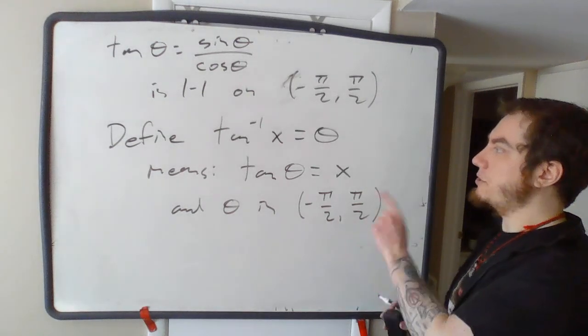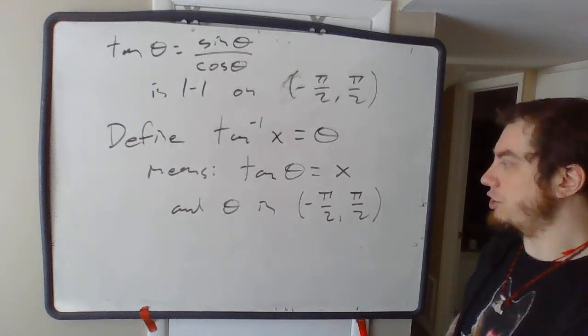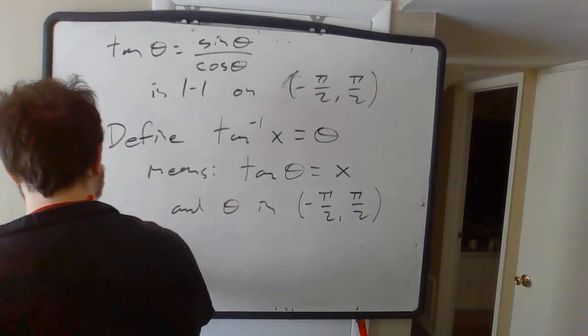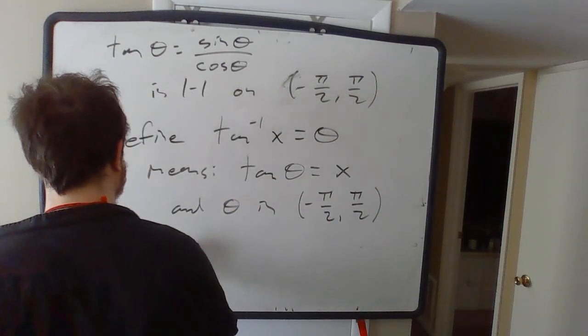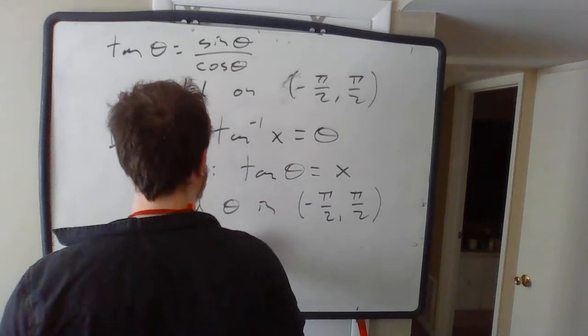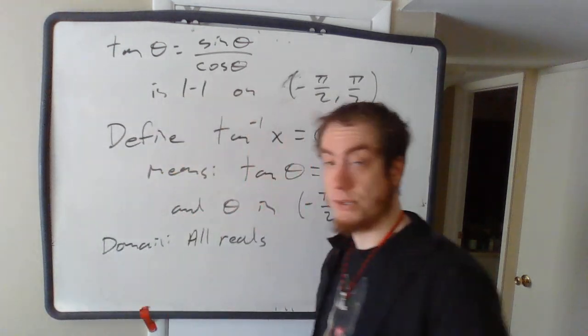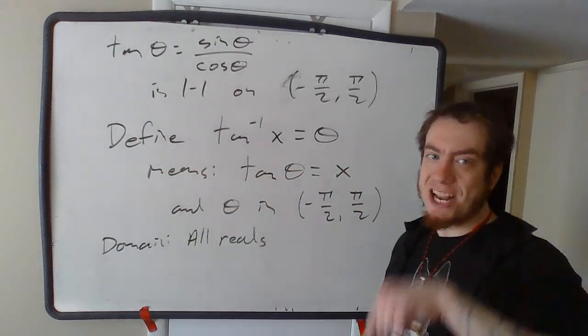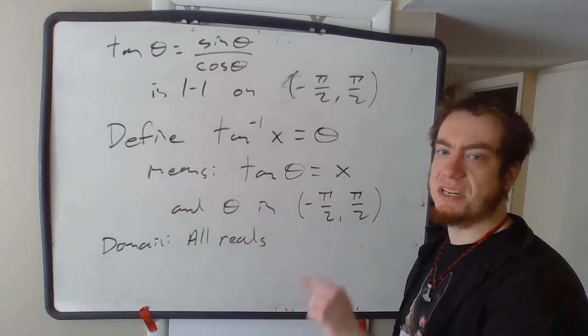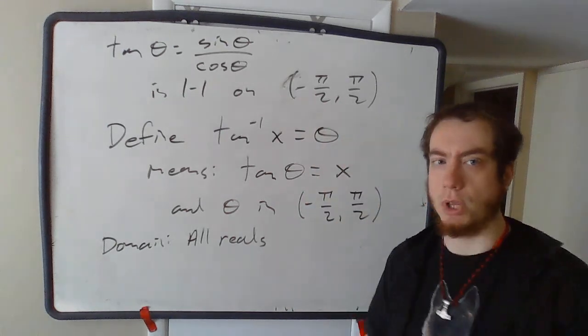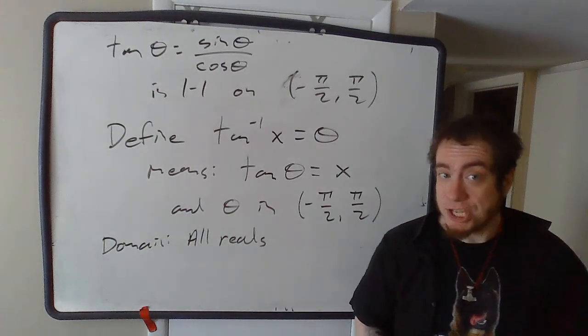Let's talk a minute about the domain and the range of this function. The domain is actually all reals. Why? Because tangent goes from minus infinity to positive infinity on this interval. Go back to where we graphed tangent a while back.